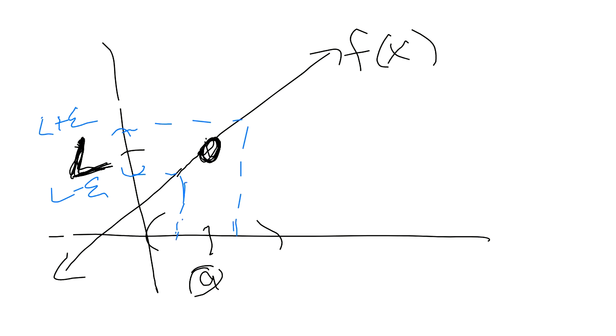I like to think of it this way: we had 2 here. A tiny window could be 0.1 for epsilon, so we go from 1.9 to 2.1 for my epsilon window around my limit L. If epsilon equals 0.1, then the epsilon window around the limit I expect would be 1.9 to 2.1.